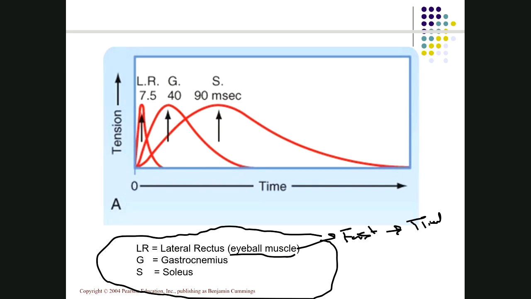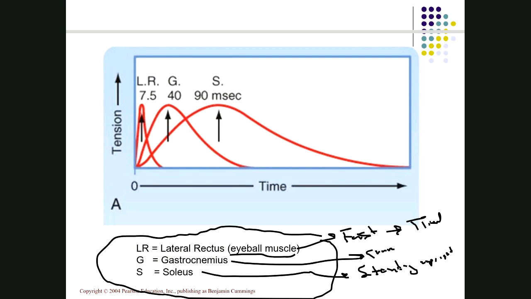This one is one of those standing muscles. It's a postural muscle. It's in your lower leg, but it keeps you standing upright, holds you upright. And then this one is a running and jumping muscle. So if you think about it, you can run and jump, but you can't do it nearly as long as you can stand.